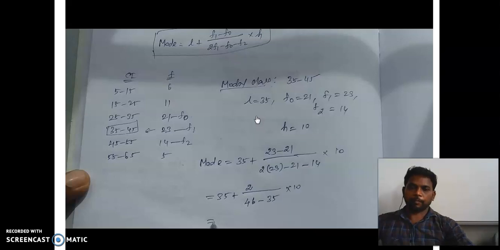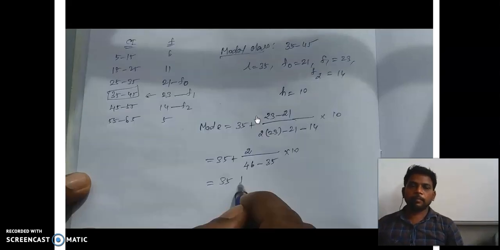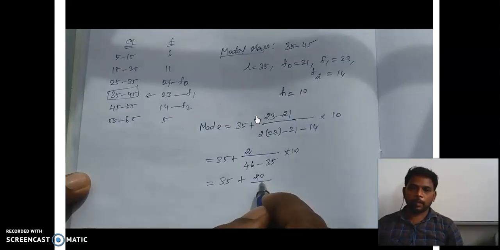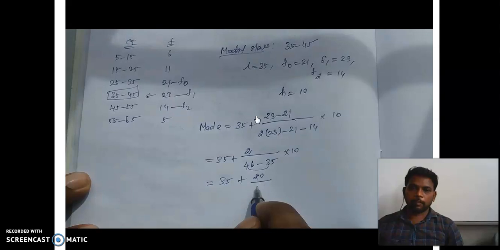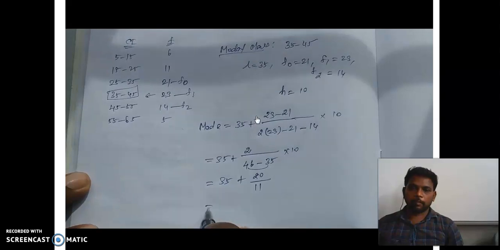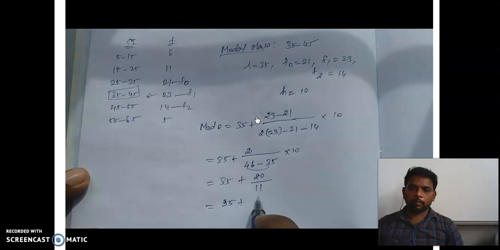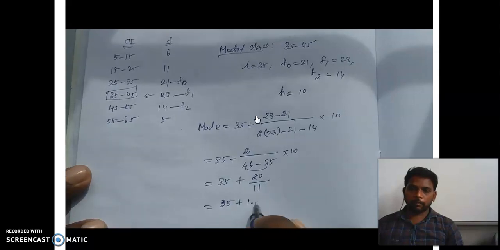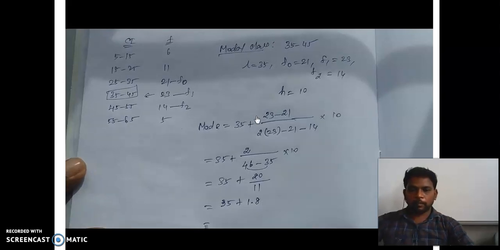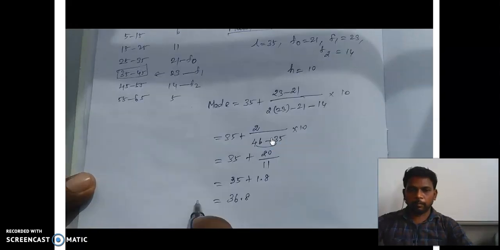Equals 35 plus 20 divided by 11. Dividing 20 by 11 gives 1.8. So 35 plus 1.8 is 36.8.